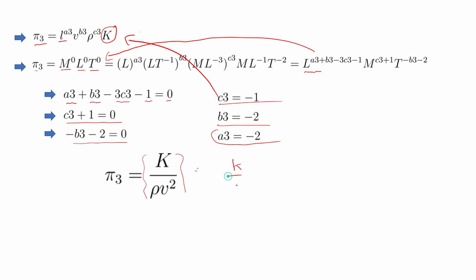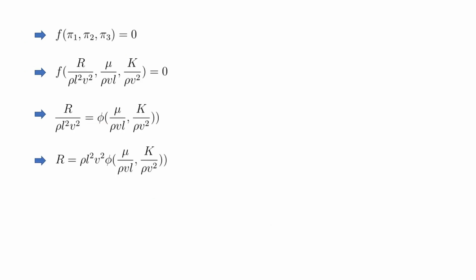See, K by rho can be written as velocity of sound square. So pi 3 will become a square by V square. So this is actually 1 by Mach number square. So this is another dimensionless term.